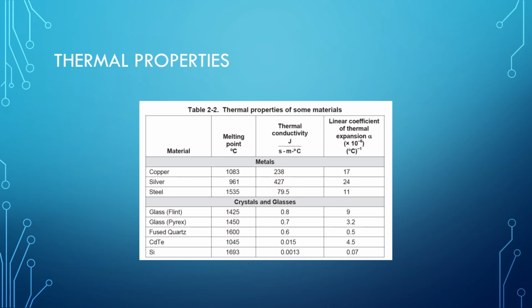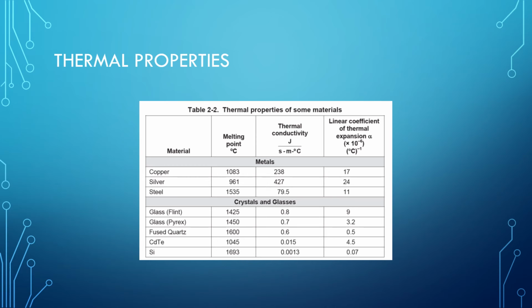As we go down the list to the crystals and glasses, flint glass has a melting point of 1425 degrees Celsius. Pyrex has a melting point of 1450. And then we go down to the bottom of this list, and silicon has a melting point of 1693.